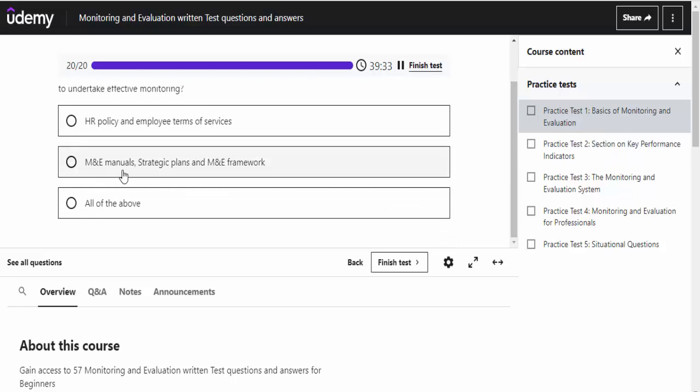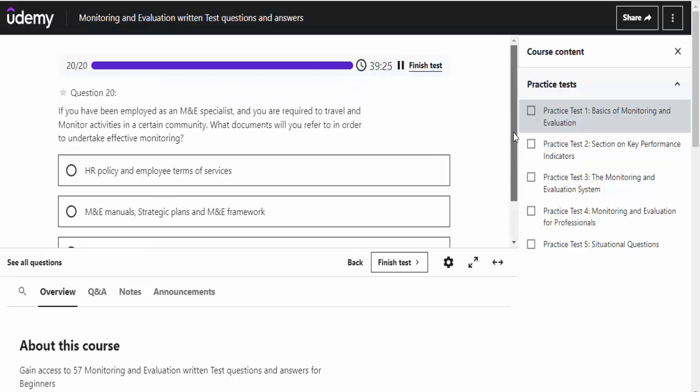No. M&E manual, strategic plans, M&E framework. So now this is tricky. Okay, so it's definitely two.